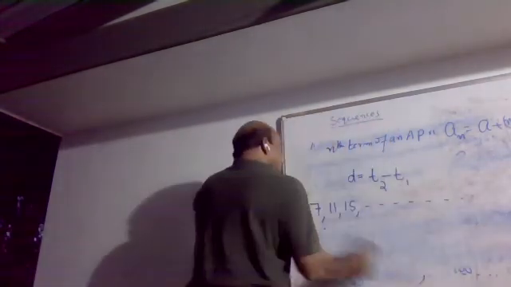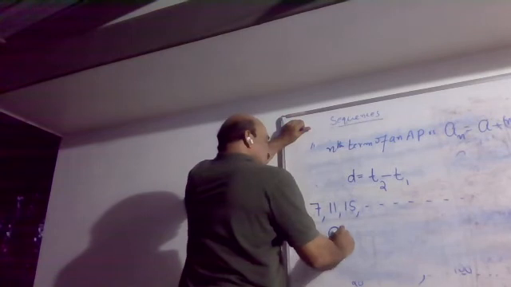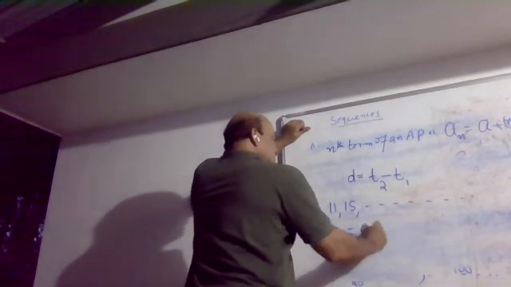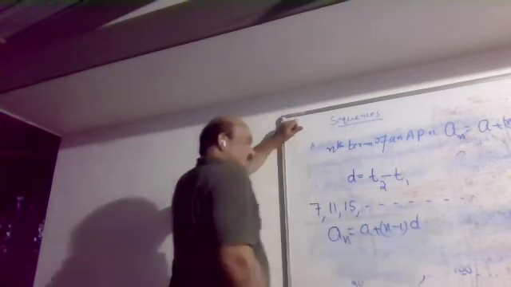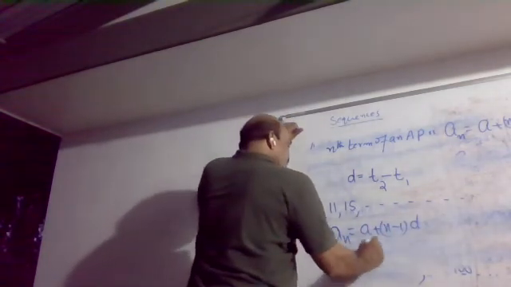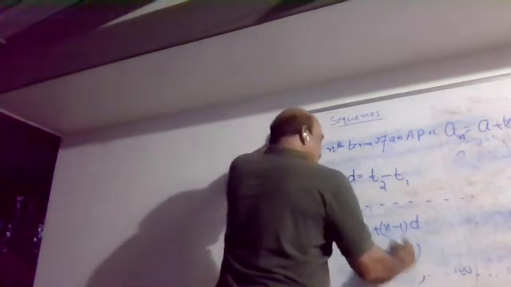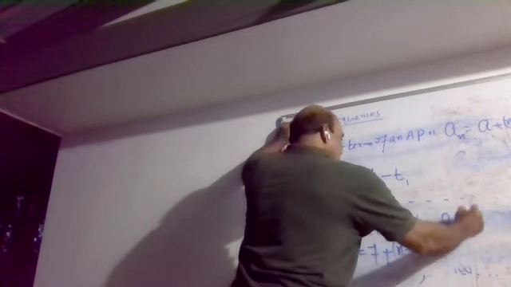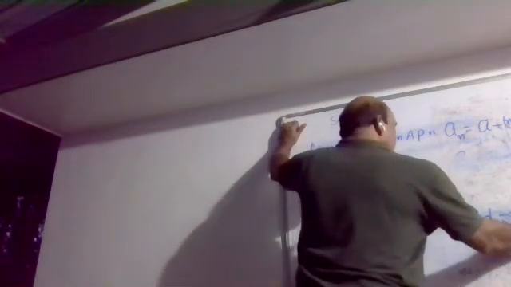Then look at the sequence 7, 11, 15, etc. How will you find the nth term of the sequence? An is equal to a plus n minus 1 into d. Here a is the first term. Here a equals 7 and d equals 11 minus 7, which is 4.